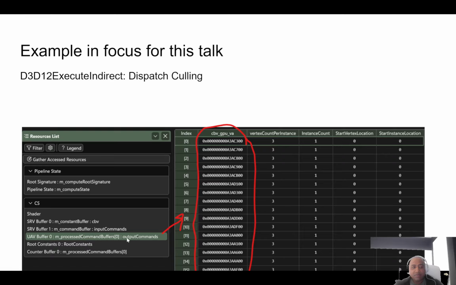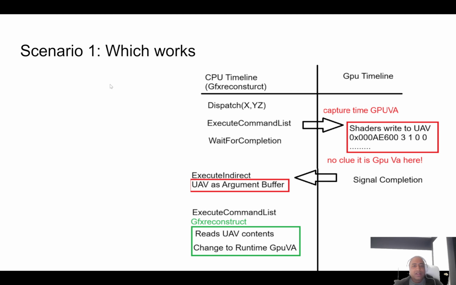So let's see more about what the application does, one scenario where it works and one scenario where it does not work. This D3D12 ExecuteIndirect is the focus of this talk. By default, the capture actually works because what the application does, on the CPU timeline, is call a dispatch and then immediately execute the command list, which means it submits to the GPU.